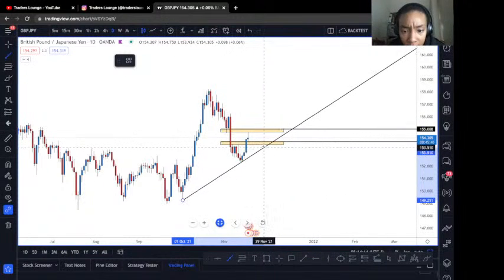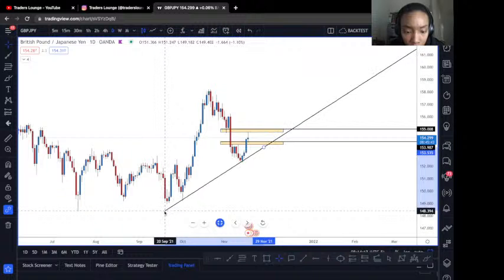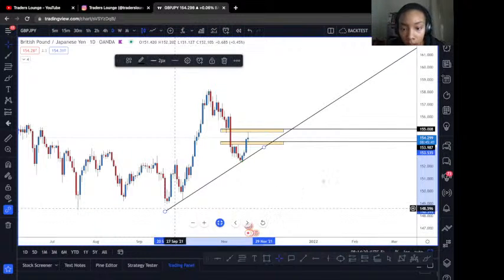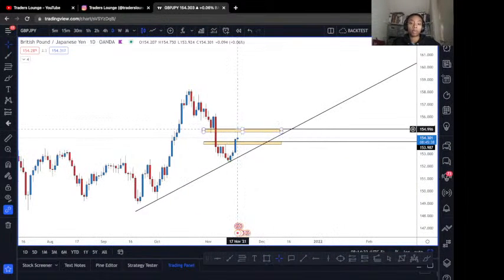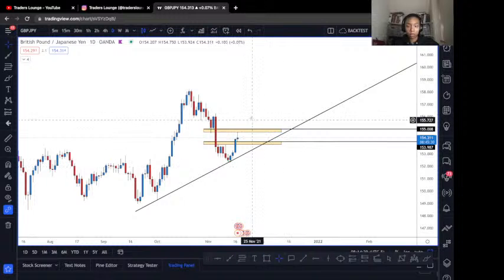Honestly, anything can happen, but we bounced off this trend line and we're heading up. For me, I want to see it break above this area and retest, get in on a 15-minute, and then ride it to the next level, probably right up here.